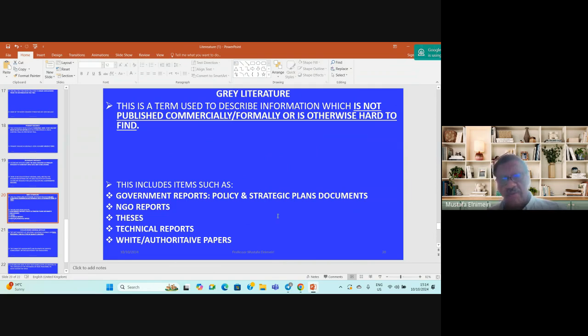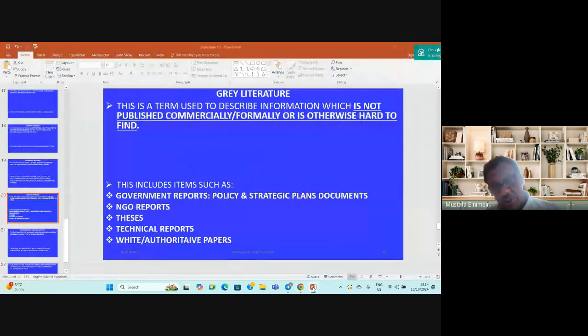For example, non-governmental organization reports and thesis reports, theses that are accepted and kept in the libraries of academic institutes, technical reports of many organizations, such as the World Health Organization or the United Nations Fund for Population, and also white papers and authoritative papers are considered gray literature.